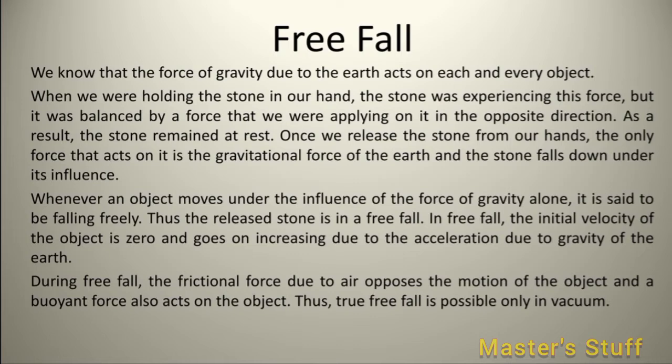During free fall, the frictional force due to air opposes the motion of the object, and buoyant force also acts on the object. Thus, free fall is possible only in vacuum, as in vacuum there is no air to oppose the motion due to frictional force, or any other force cannot be applied in the vacuum.